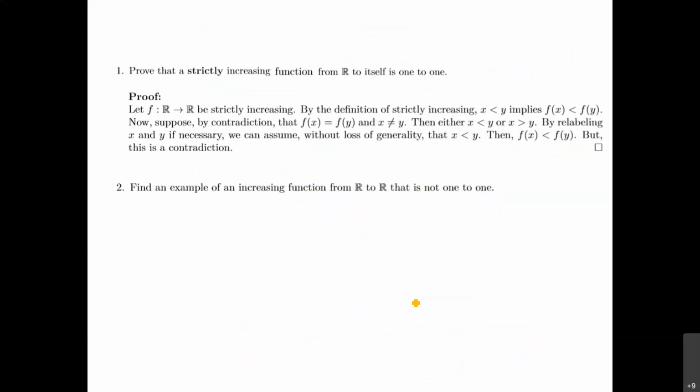You simply write it like this. I'll read it one last time just in case. This is your mapping from R to R. It's strictly increasing. So if x is less than y, f of x is less than f of y. Suppose by contradiction, the images are the same, but the pre-images are not.